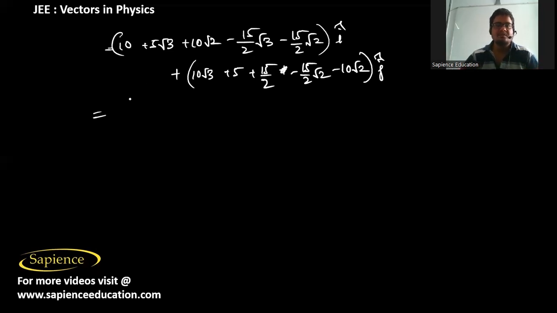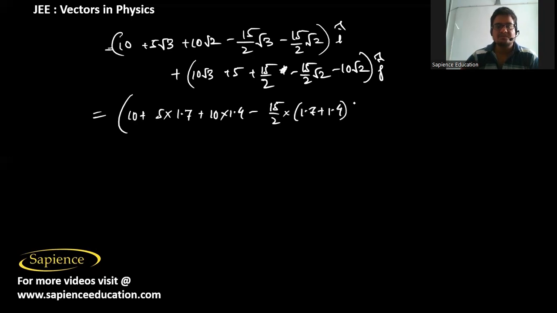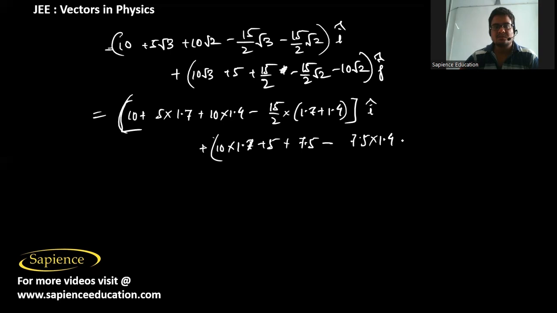Okay. So this will be 10 plus 5 into root 3. 5 into 1.7 plus 10 into 1.4 minus, this is 15 by 2 into root 3 plus root 2, that is 1.7 plus 1.4, this much I cap, and plus this will be 10 into 1.7 plus 5 plus 7.5 minus 7.5 into 1.4 minus 10 into 1.4, this much j cap.